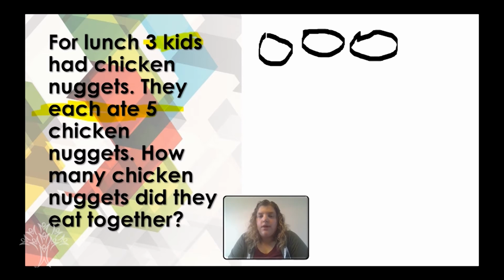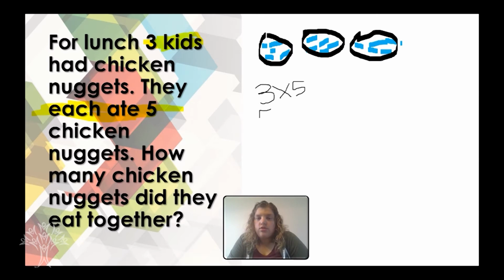And I would then put my 5 chicken nuggets into each group. And I know it's kind of hard to draw on here. So if I have 3 groups of 5, how can I solve that in a multiplication equation? I could do 3 times 5. I could also do 5 times 3.